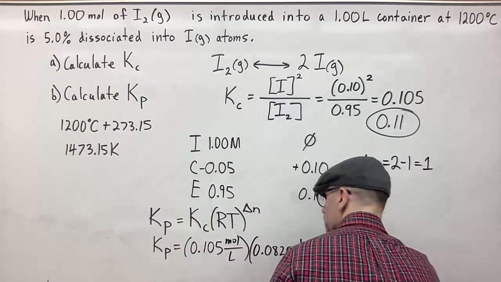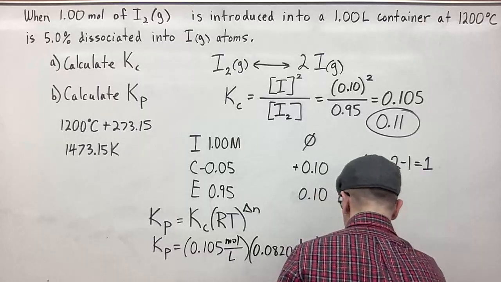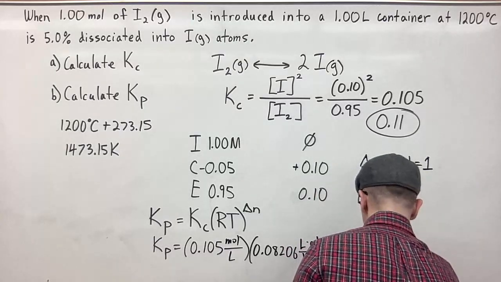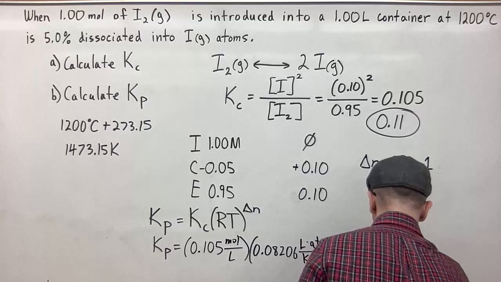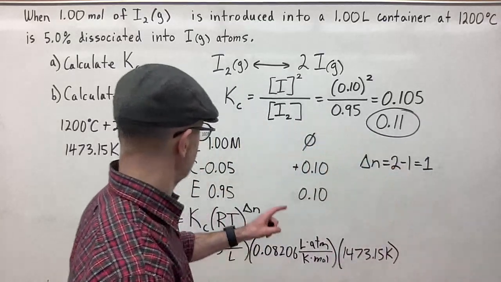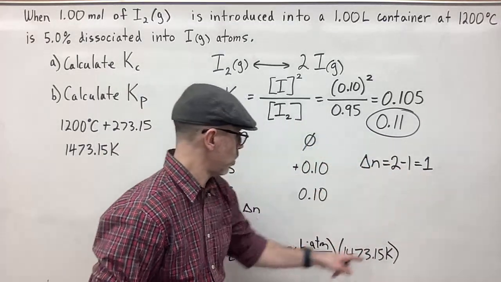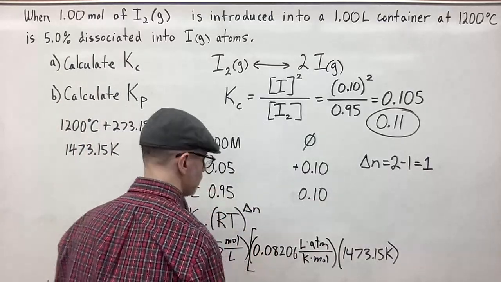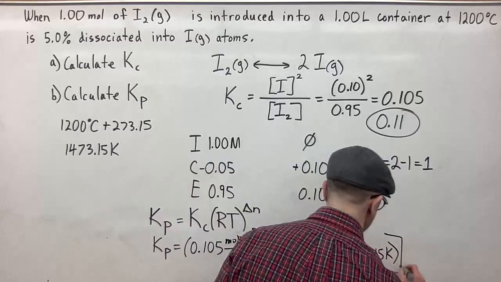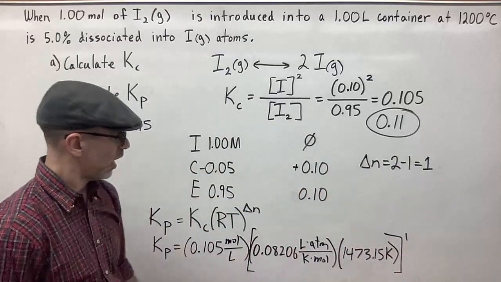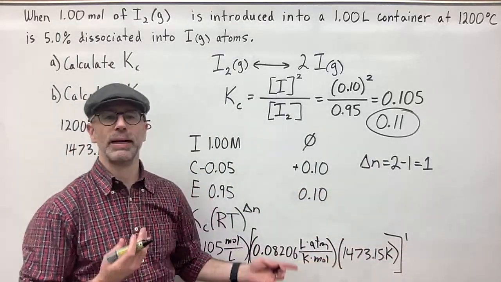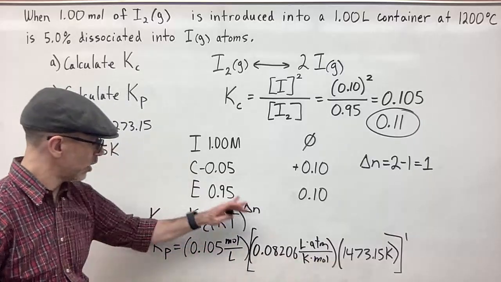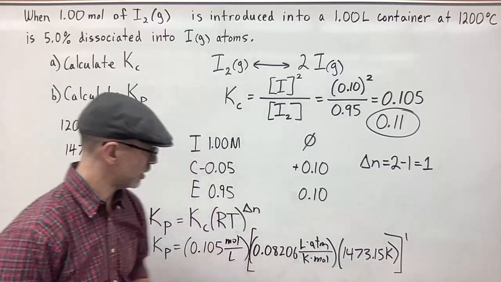Since the delta N is a 1, just to make it clear, I'm going to put square brackets around this, and that's a 1 there. Again, I didn't need to do that, but I'm just showing you how we're plugging everything into the equation here.